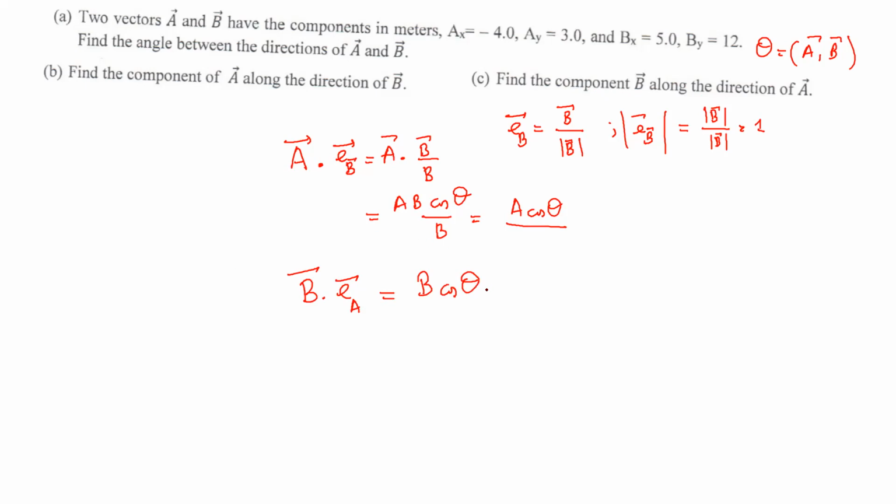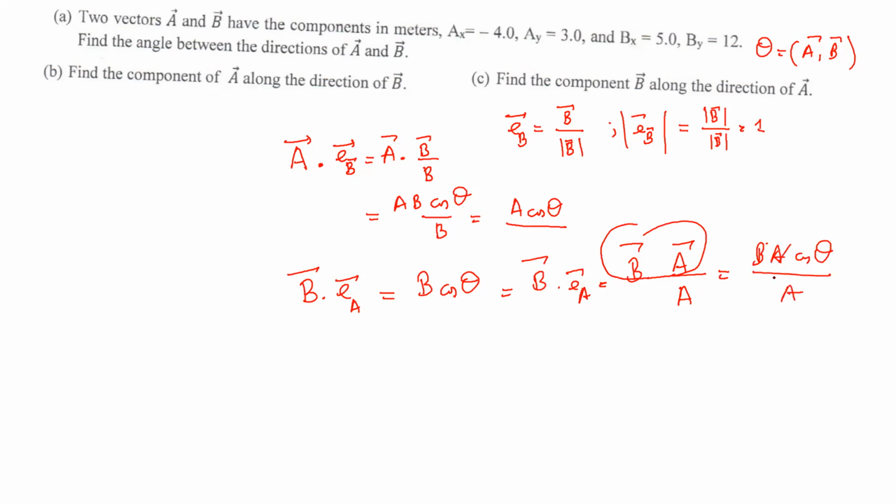So check it out here. You know that EA is a unit vector along the direction of A. So that means B dot EA is just equal to B dot A divided by magnitude of A. And you will get the same thing. This dot product is just BA cosine theta divided by A. The A simplifies, and you will get B cosine theta.